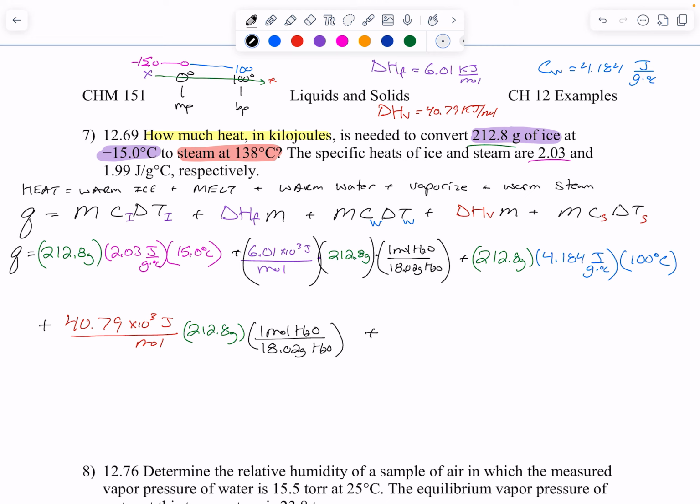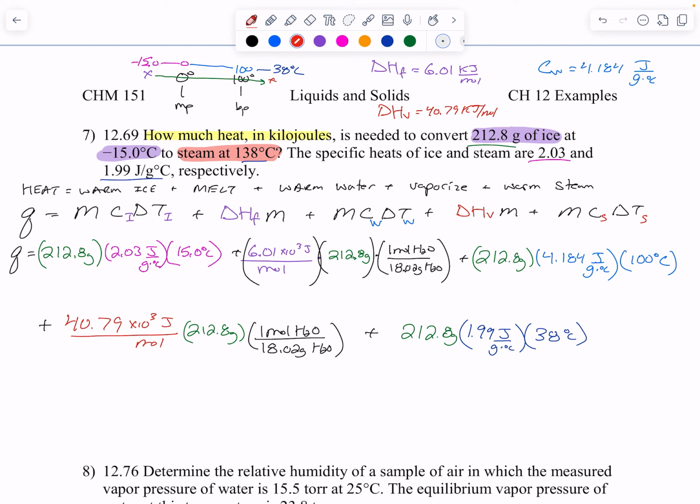And then the last term, we still have our 212.8 grams of H2O, and we're steam now. The steam specific heat is 1.99 joules per gram degrees Celsius, and we're going to 38 degrees Celsius. So 38 degrees.